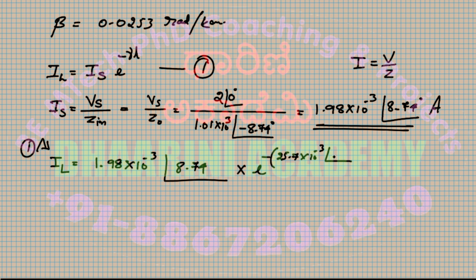This should be multiplied by your length, so into 500. Don't put a kilo over there, because as I told you, length is always in kilometers, so I don't have to worry. Remove the kilo from that.